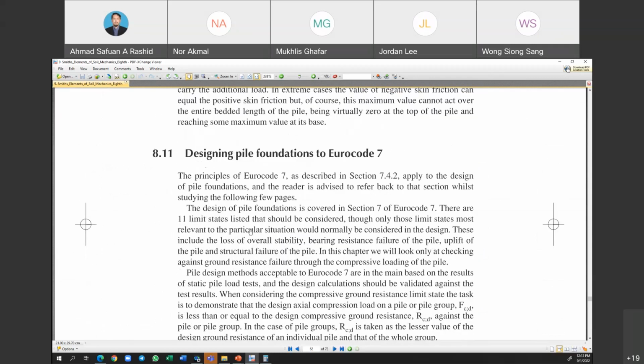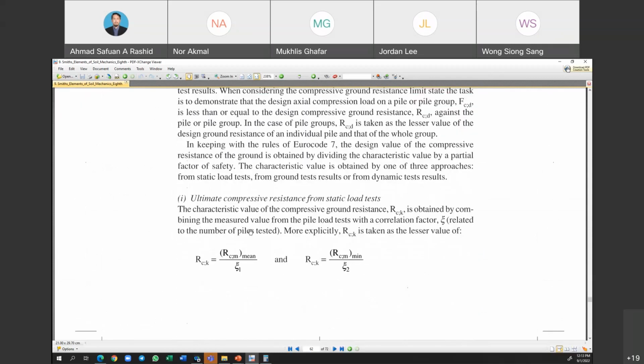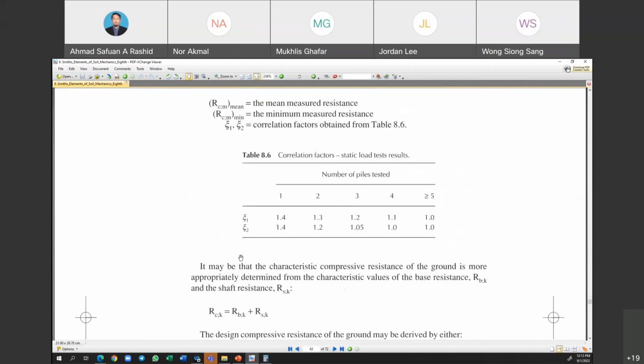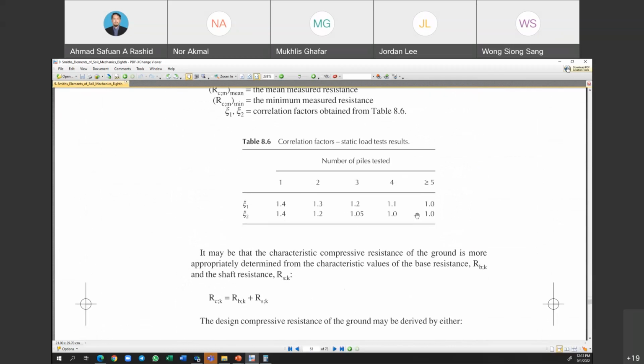Design piles to Eurocode 7. So this is based on the static test, where we need to use the zeta for the maintained load test, then we apply the model factor later on, same as what I have discussed.